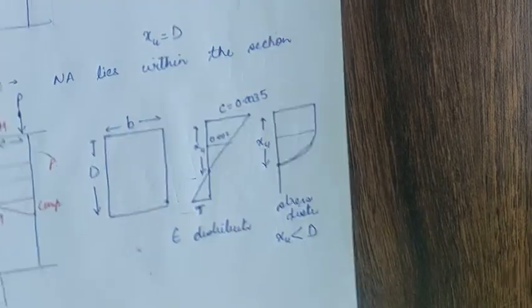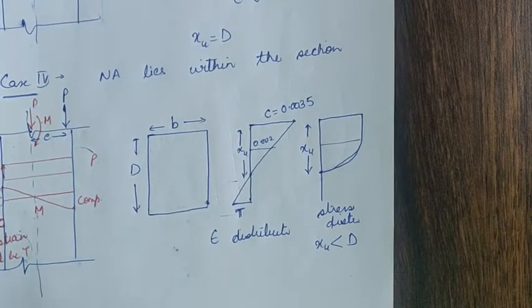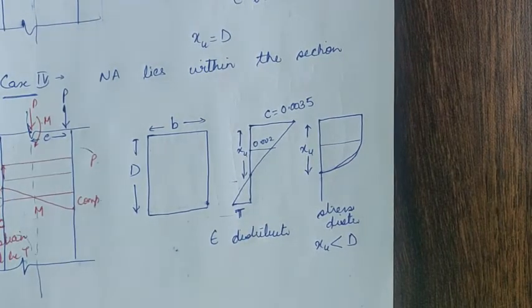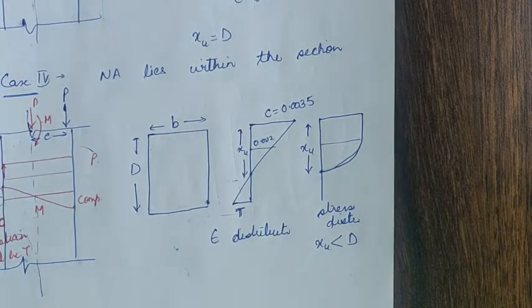Now why is the system divided into 4 cases? Because failure of this kind of column will depend upon which case the system will lie in. So if I am talking about types of failure for this column, it can be broadly divided into 3 categories. One is if the column belongs to case 1.